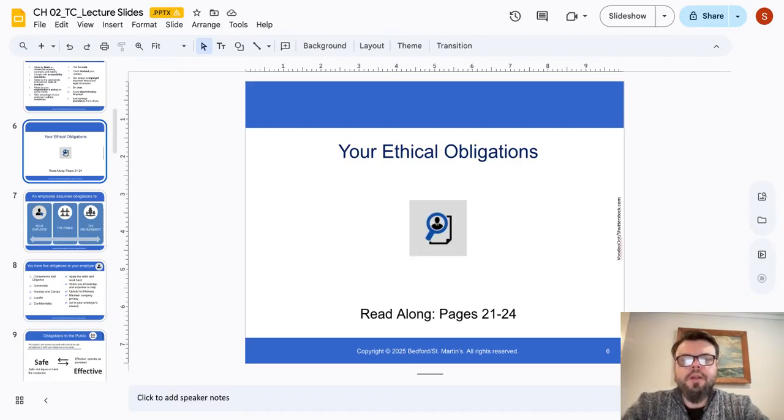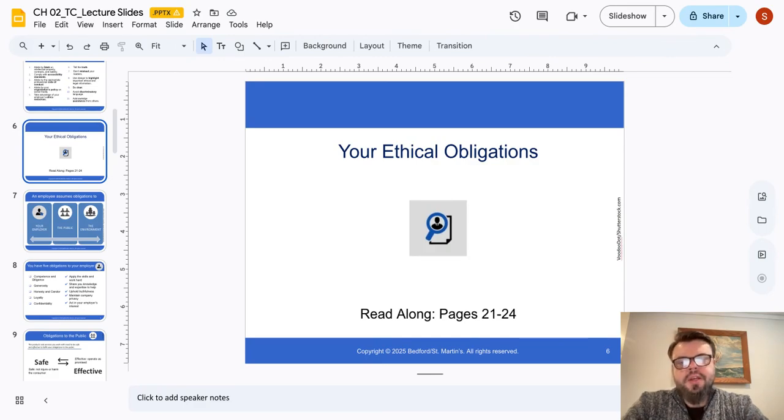Now that we've talked about general ethical principles, the chapter shifts to something more concrete: your ethical obligations as an employee. This is an important move because ethical communication doesn't happen in a vacuum. Most technical communicators work inside organizations, companies, schools, hospitals, government agencies, and those contexts shape what we write and why we write.